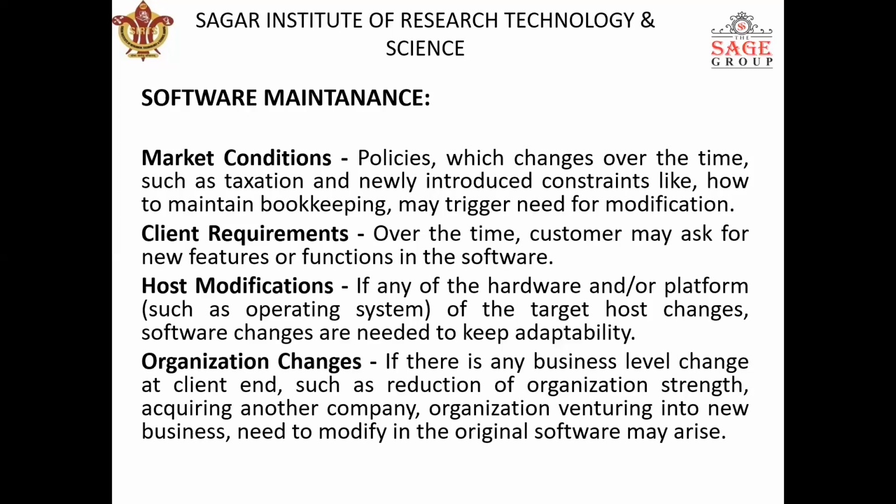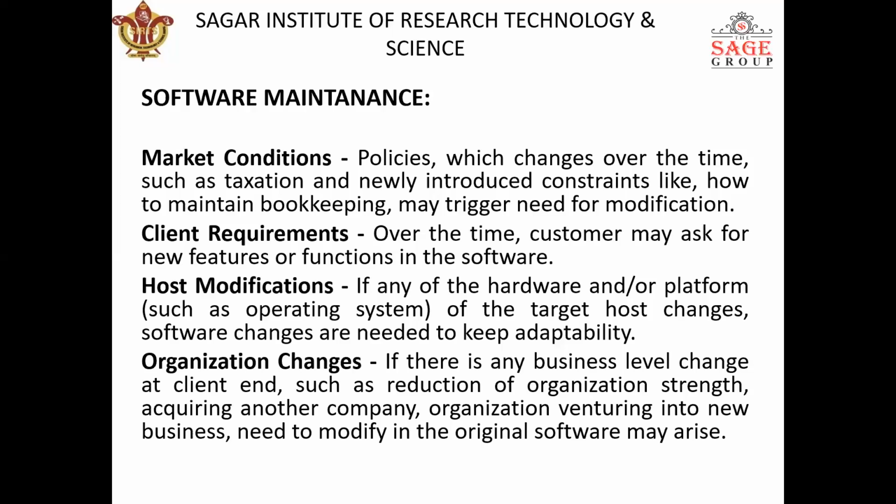Second is client requirement. That means over the time customer may ask for a new feature or function in the software. That means if client wants some extra feature, at that particular time software maintenance is required. Third point, that is post modification.